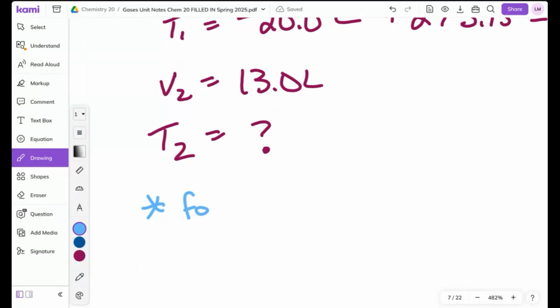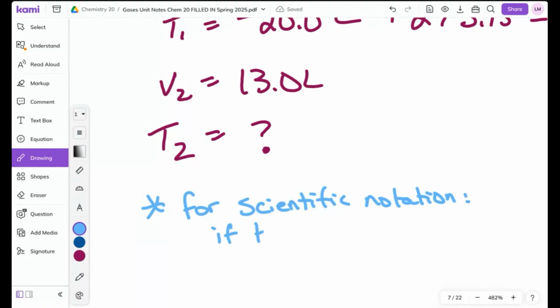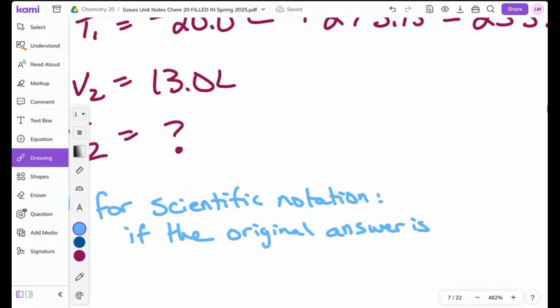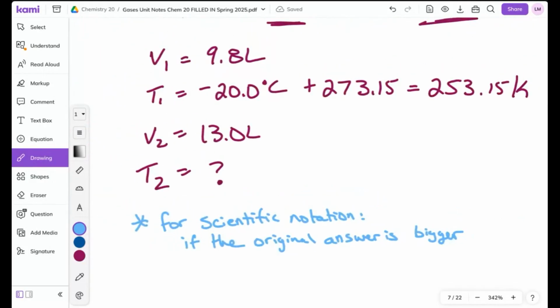So, for scientific notation, if the original answer is bigger than 1, exponent is positive.